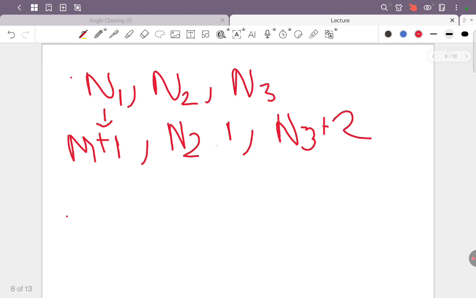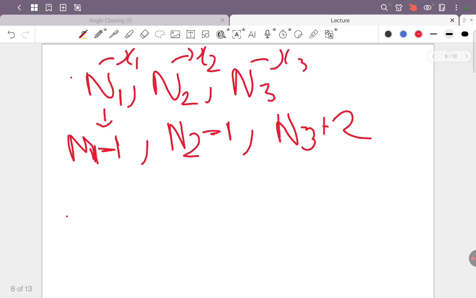Let's say n1 is congruent to some x1, n2 congruent to x2, n3 congruent to x3.